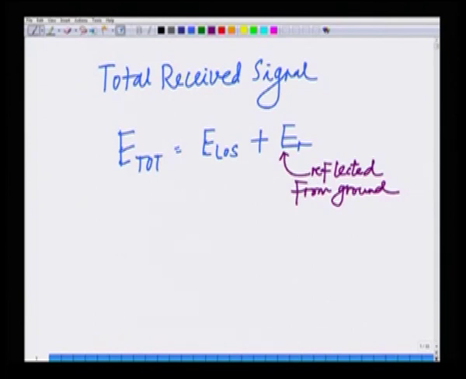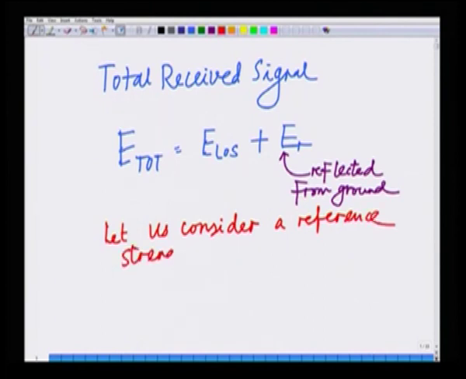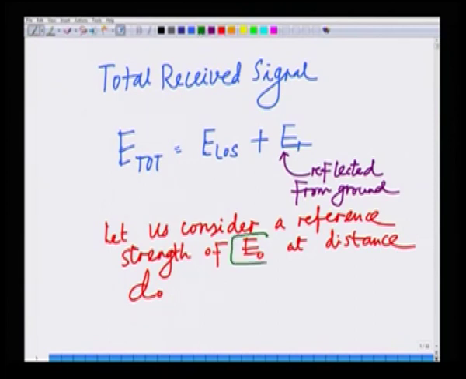And let us consider, similar to what we had done earlier, a reference strength of E naught at distance d naught, that is I am considering this as my reference, that is E naught is the signal strength at the distance d naught.